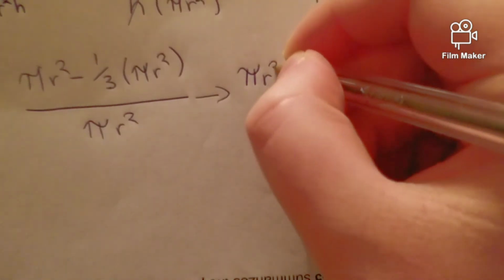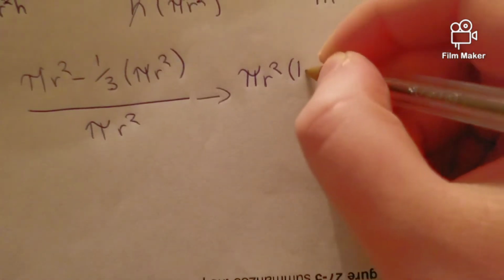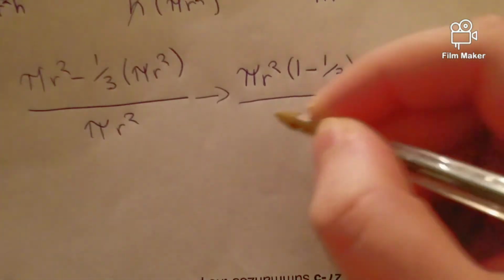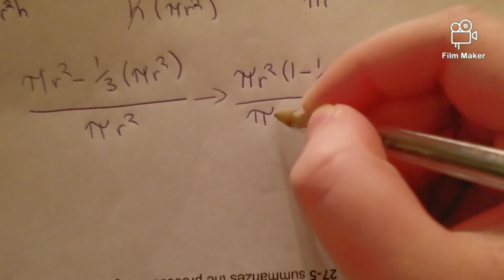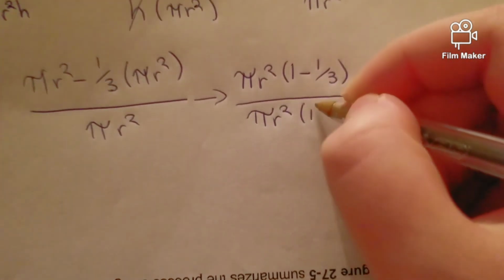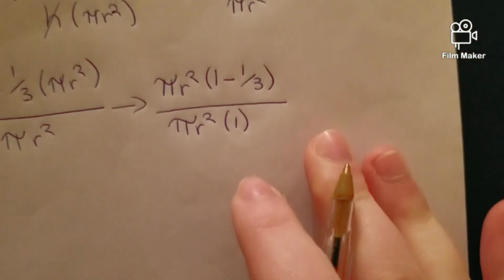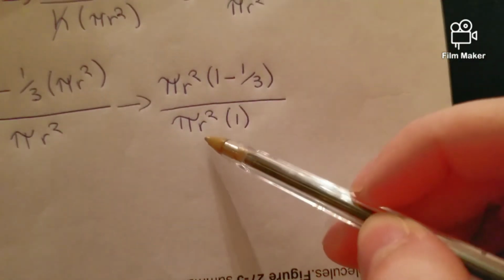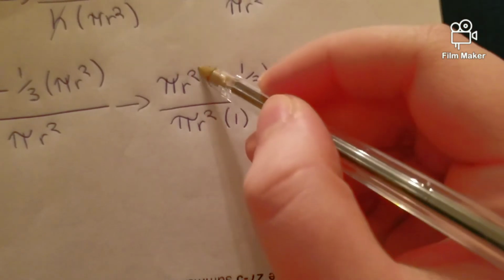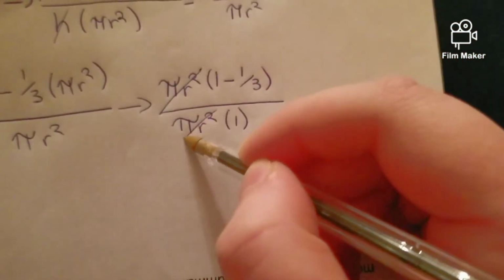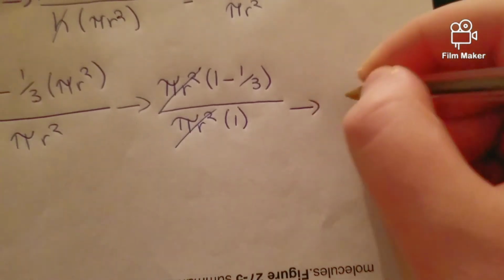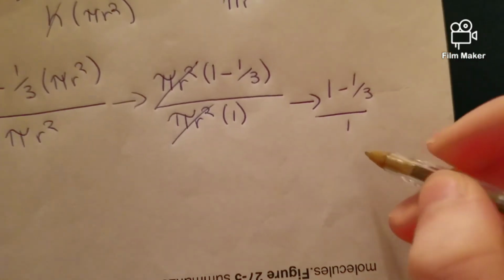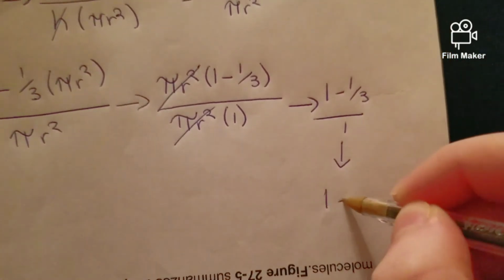And on the bottom, we are left with 1, which also simplifies to what is on the top, which is pi r squared times 1. So now, we can simplify out the pi r squared, and once we simplify that, we are left with 1 minus 1/3 over 1, which is equivalent to 1 minus 1/3.